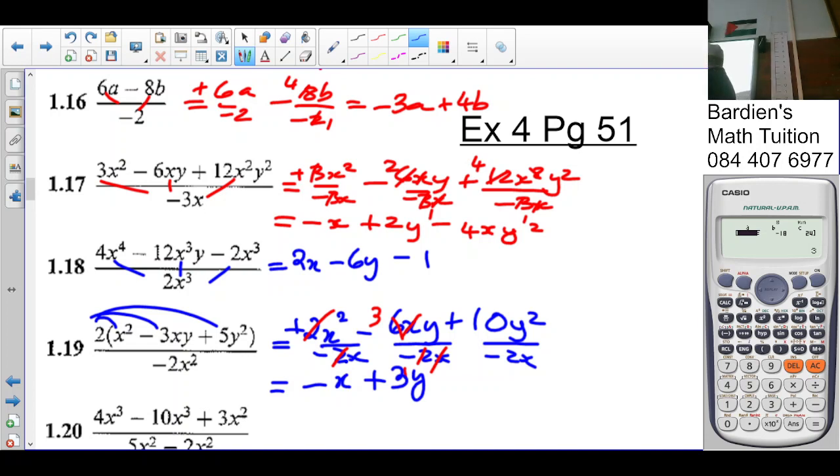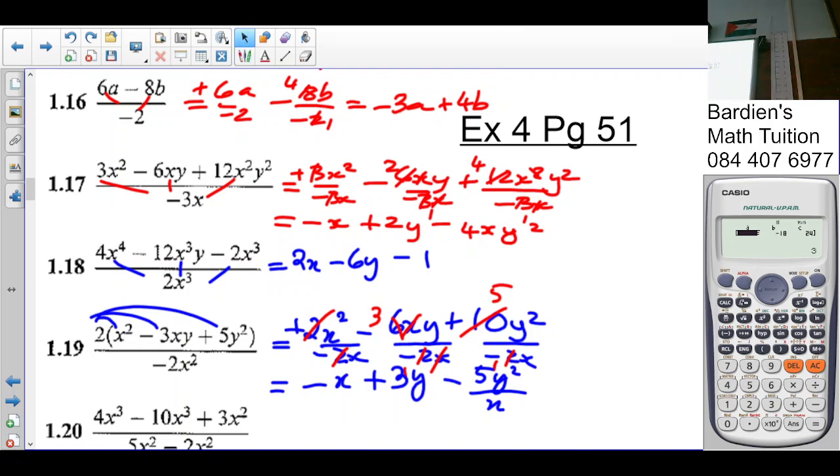What's positive divided by negative? Negative. 2 goes into 2 once, 2 goes into 10 five times. So it's 5y squared over... Sorry? Oh, I forgot the square in the denominator. Yes, my mistake there.